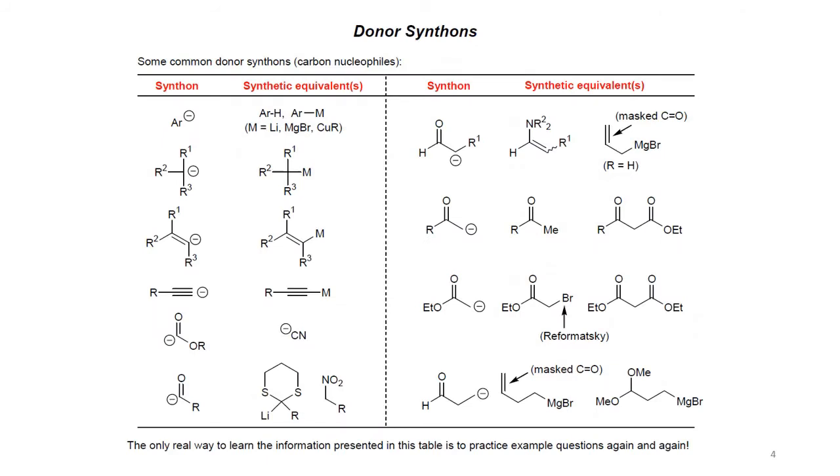Now you can take a look at some common donor synthon, which is the carbon nucleophile here. For example, if you have Ar minus or R minus, the synthetic equivalent can be a hydrogen, or this minus can be complemented by hydrogen or M, or metal, such as lithium, magnesium bromide, copper, organocopper.